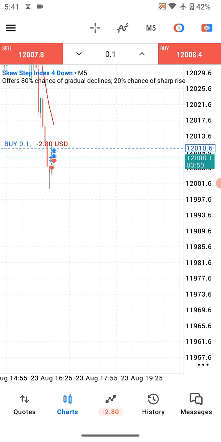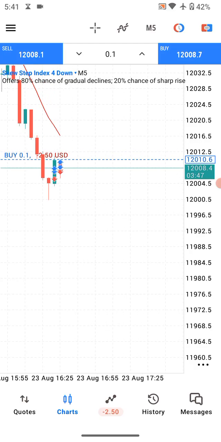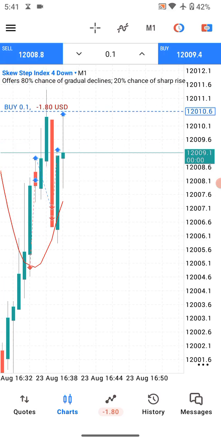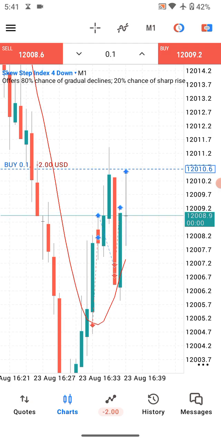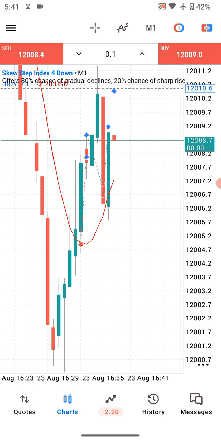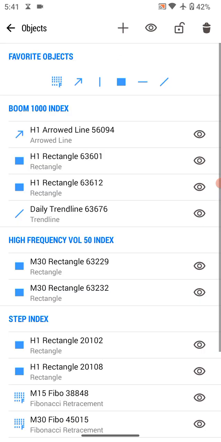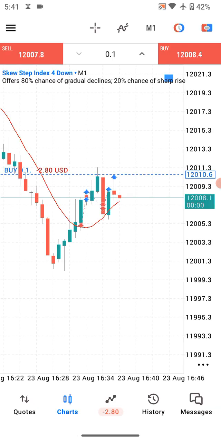I've already lost a lot of trades here. Looking for a straight movement to a specific side of the chart.